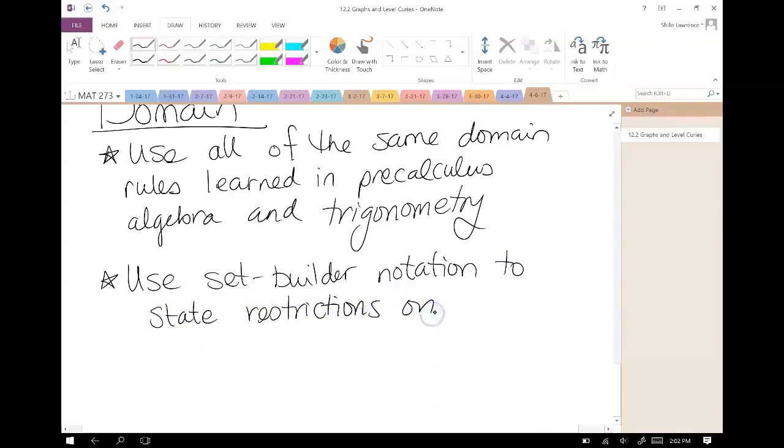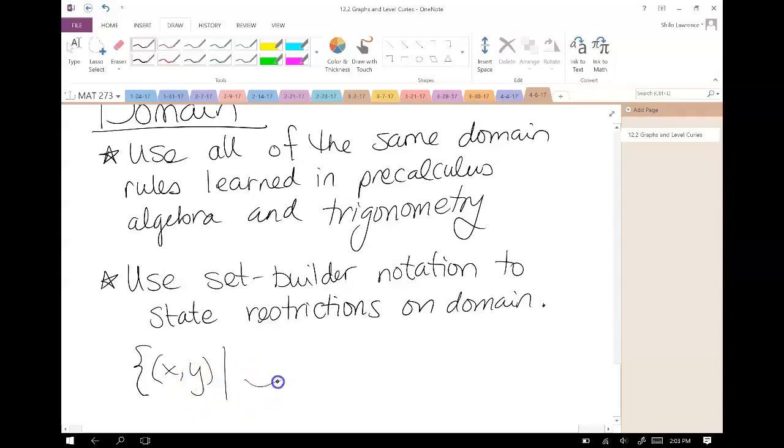So we're going to use set builder notation to state restrictions on the domain. And the basic setup for our set builder notation is we start with a brace. And for our functions of two variables, we're going to say that we can use all ordered pairs x and y. The vertical line means such that.